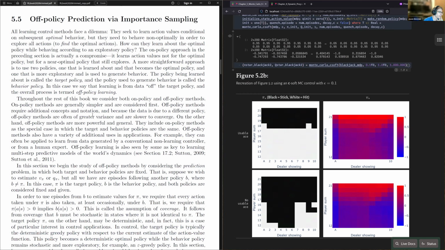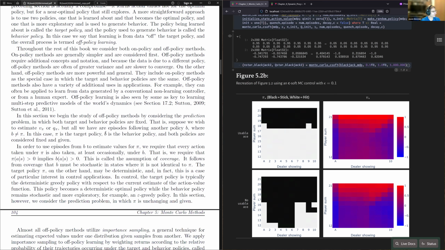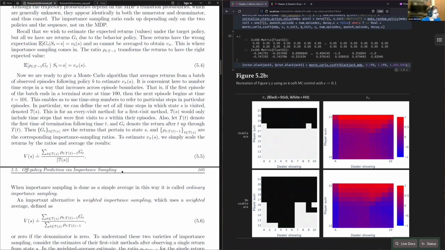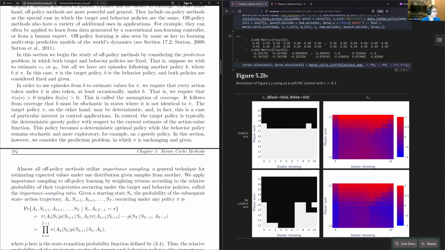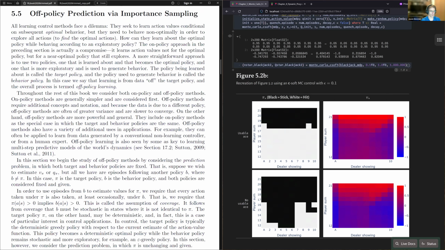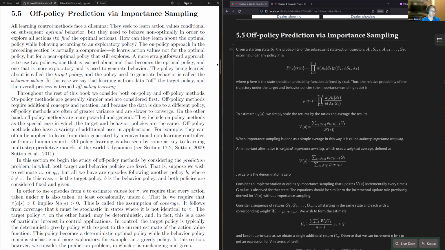Okay, so the next section is about off-policy prediction. This is considerably different because now we're going to have a behavior policy. And I think it starts out with just prediction. So we're starting off with prediction again, rather than finding the optimal policy. The idea here is that we want to be able to predict the value function of a policy, but we want to generate samples or trajectories using a different policy.